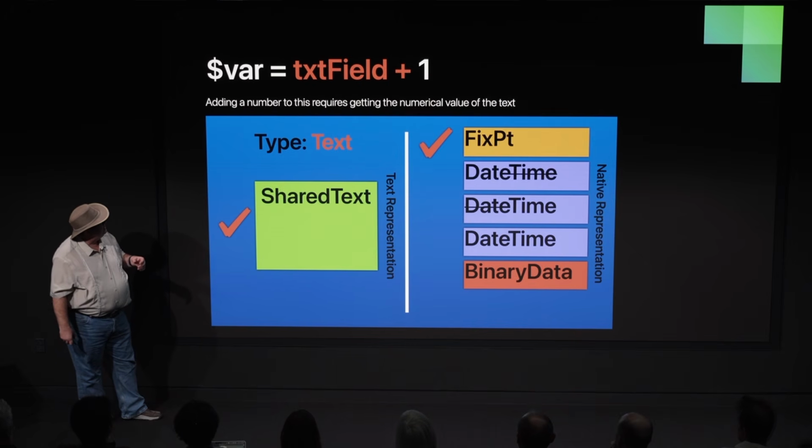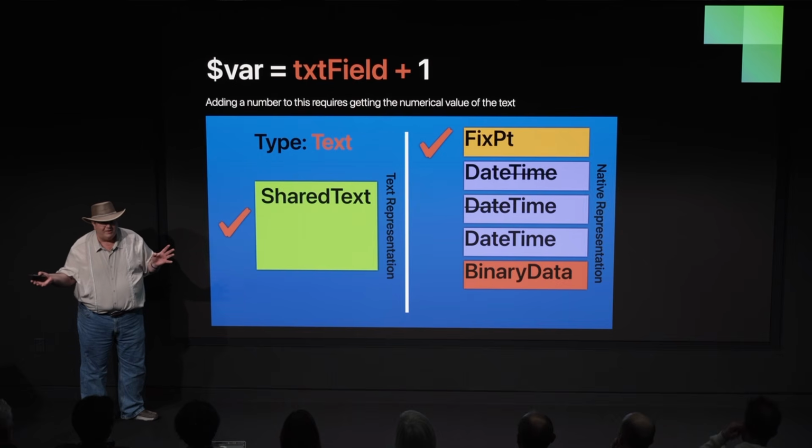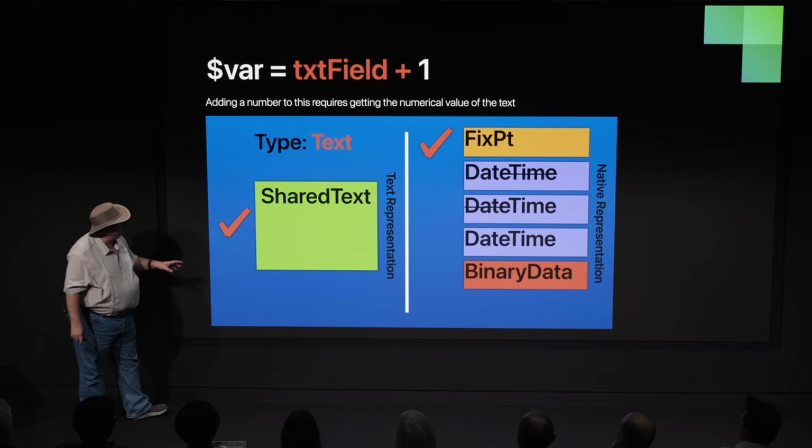The second step is we hit the plus operator, where we're adding a number to a text, and there are all these big charts saying what do you do at that point. At this point, we're saying the answer is going to be a number, which is the default operation for FileMaker. So we know we need a fixed point representation of the text field.